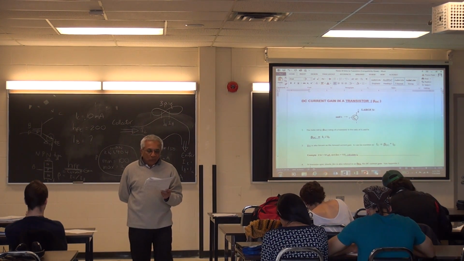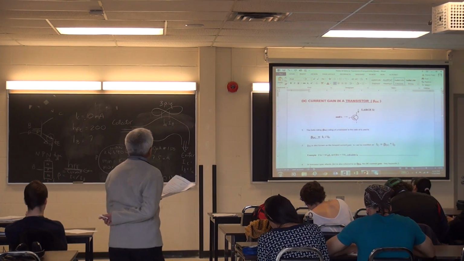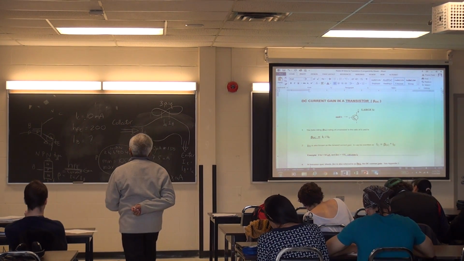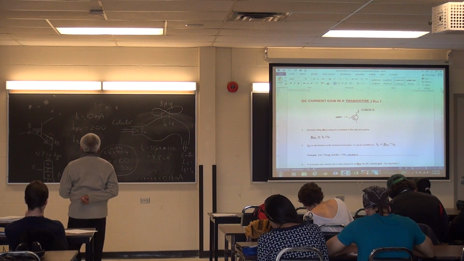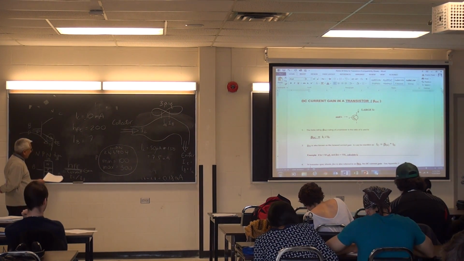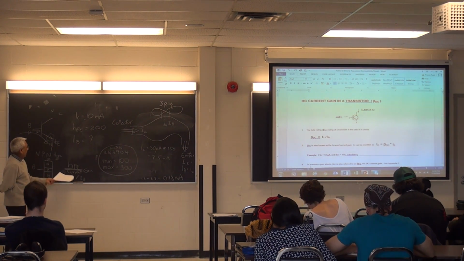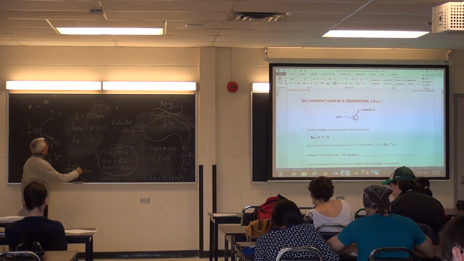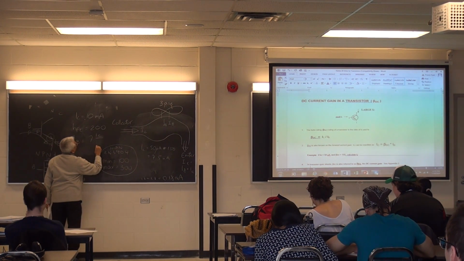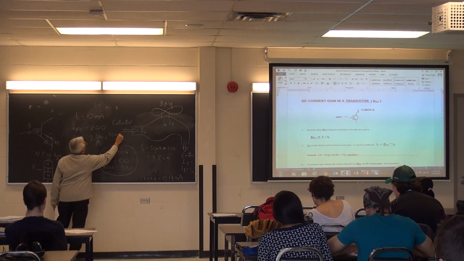The gain is 200. How much is IB? So it's manipulating this equation, isn't it? IB is IC over beta. So is it 10 milliamps over 200?